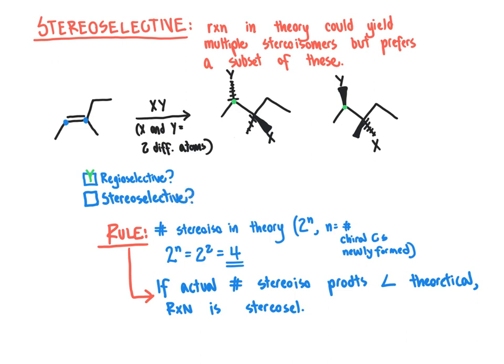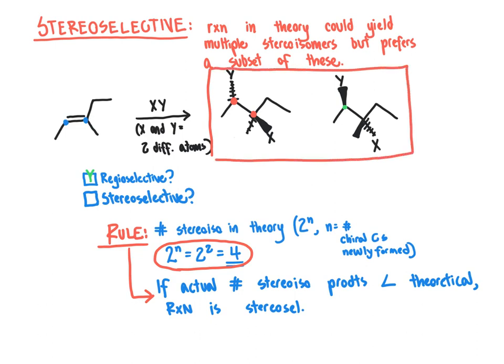The answer is that yes, this is stereoselective because in theory, we have 2 chiral centers in our product, here and here. And so therefore, the theoretical number of stereoisomer products that we could yield out of this reaction is equal to 4, using that 2 to the 2 rule. But in actuality, we see that we're only observing 2 of those 4 possible stereoisomer products.